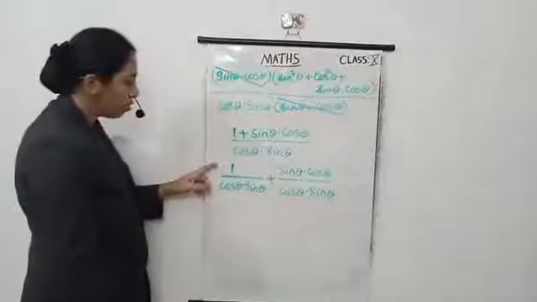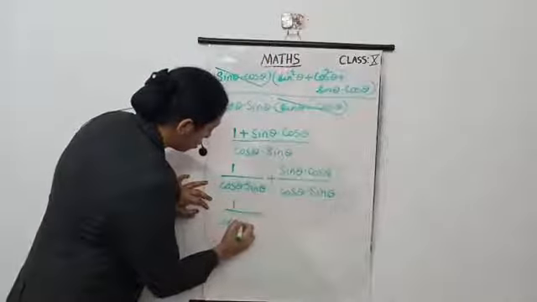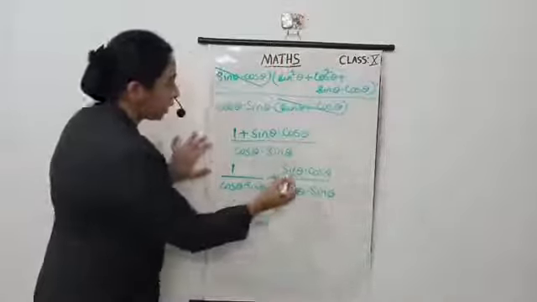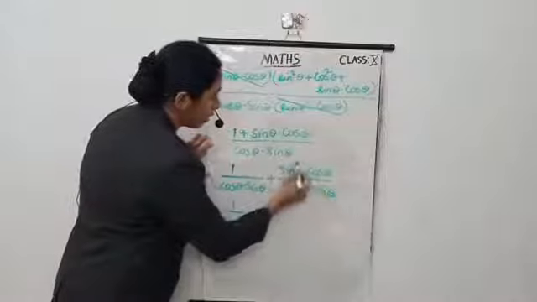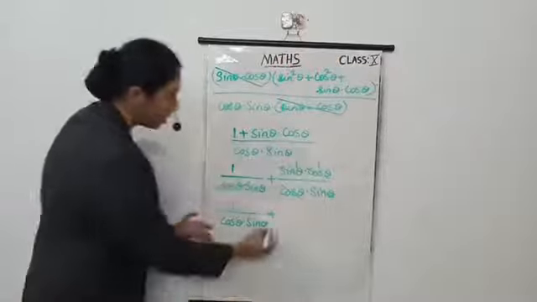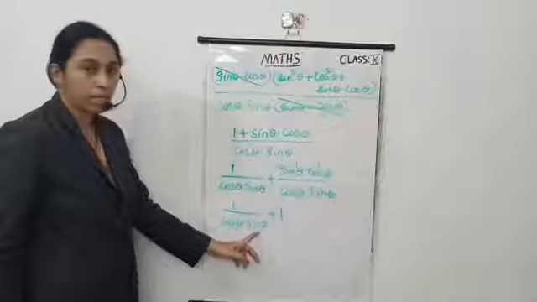Understand? Now 1 by cos theta into sin theta plus this, we can cancel sin theta and sin theta, here 1, cos theta and cos theta, here 1. So 1 into 1 is 1. So we get 1 by cos theta into sin theta plus 1.